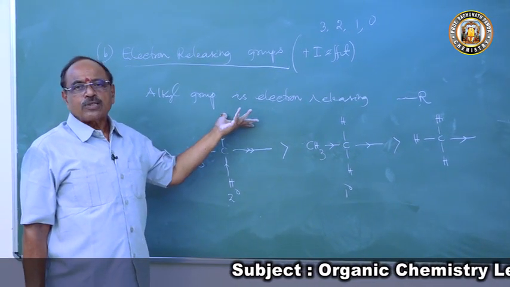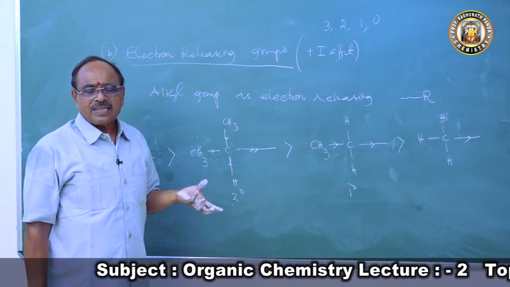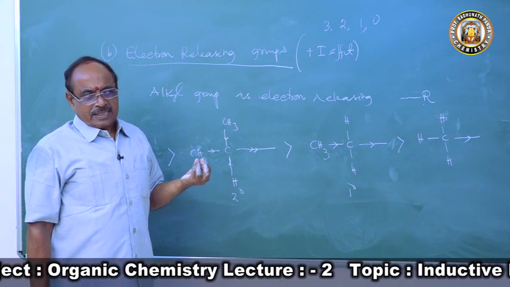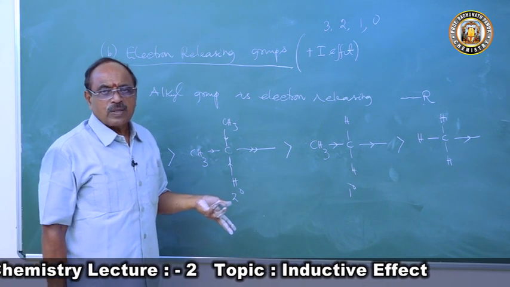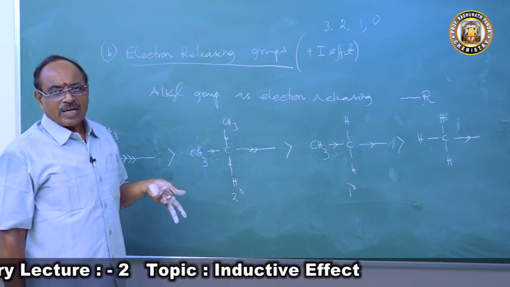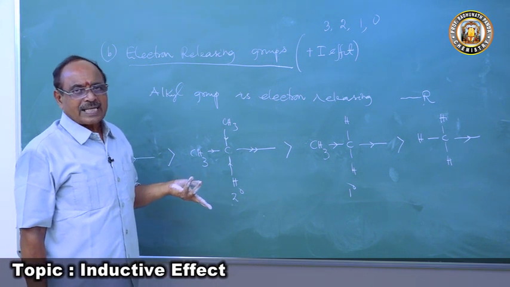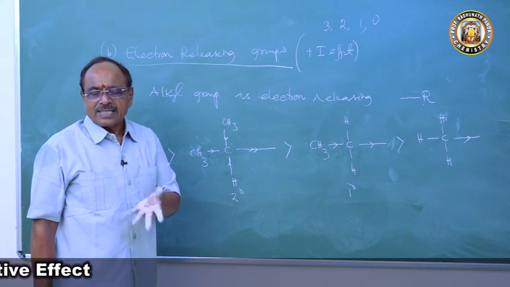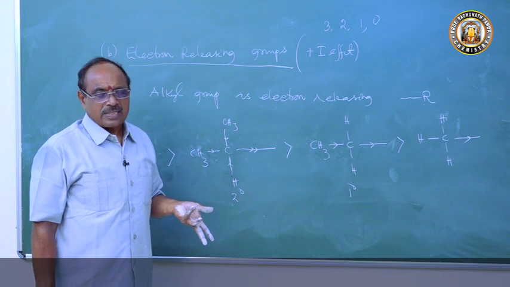What is the cause of inductive effect we have studied? Because of electron cloud displacement either towards carbon or away from carbon, it induces polarity in the molecule, a partial polar character, making it a dipolar character. So this induction is taking place, hence we call it the inductive effect. It may be because of an electron attracting group, minus I effect, and may be due to an electron releasing group, plus I effect.